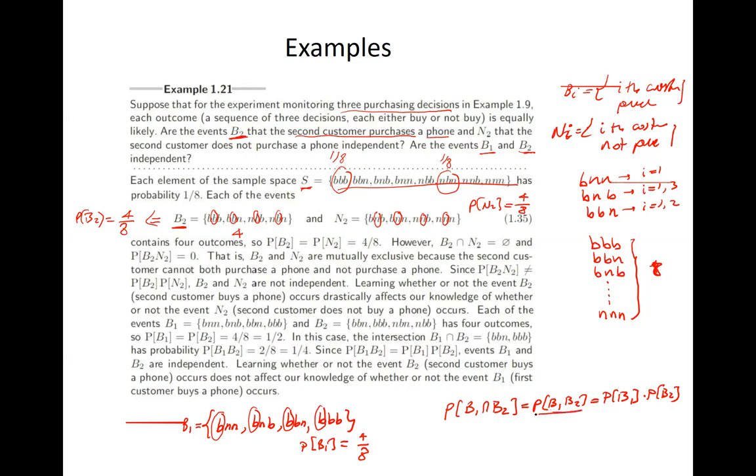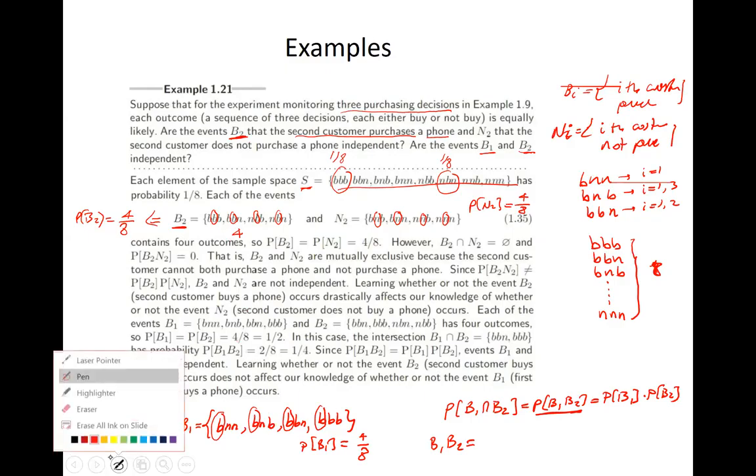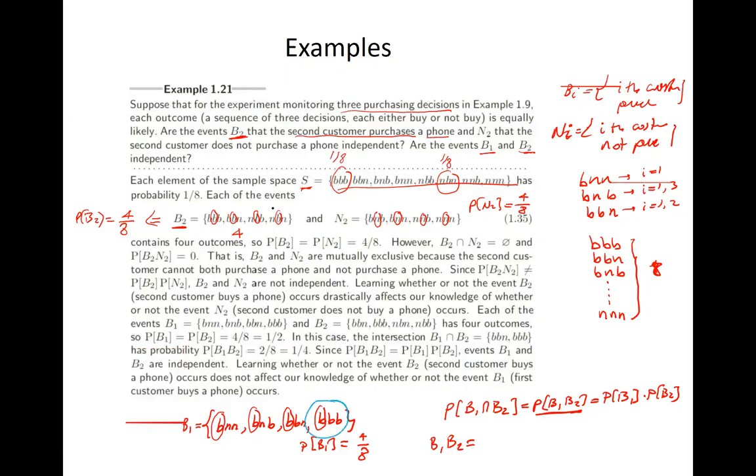Now, what is the probability of B1, B2? In order to find this, we have to first determine the intersection of B1 and B2. You see how many of these are the same. Let's identify them. This one is common, right? What else? First and second should be the same: BNN, BNB, and BBN.